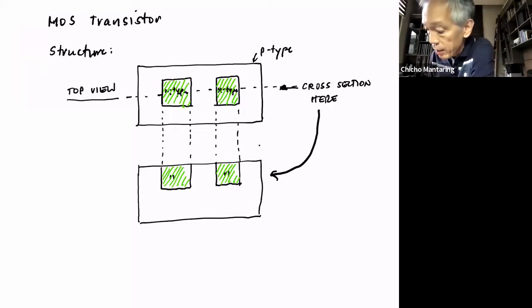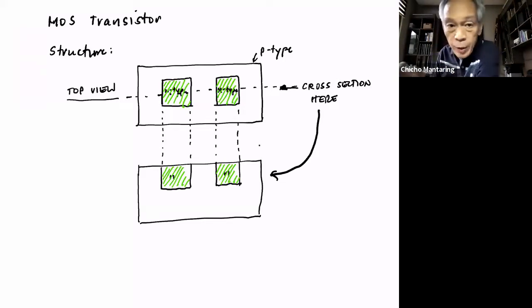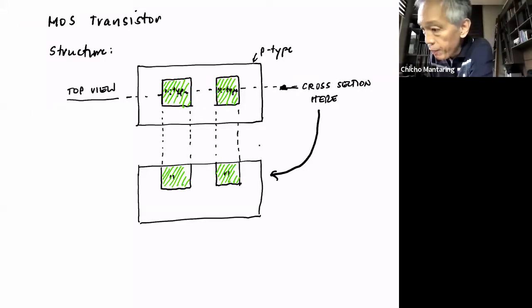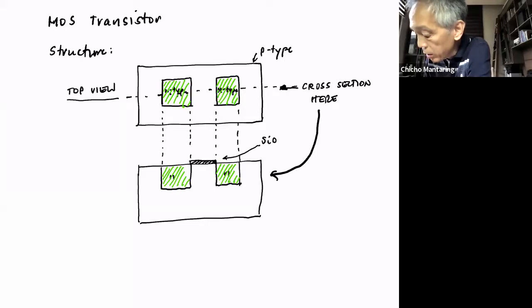Okay. And then in the space between the n-type, I will put an insulator. Okay. This is silicon dioxide, SiO2, which is an insulator.